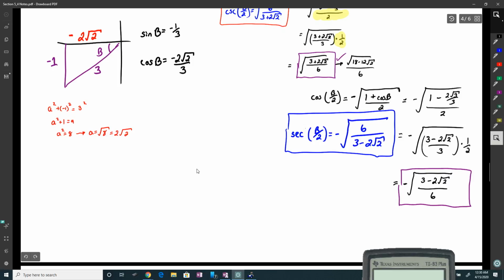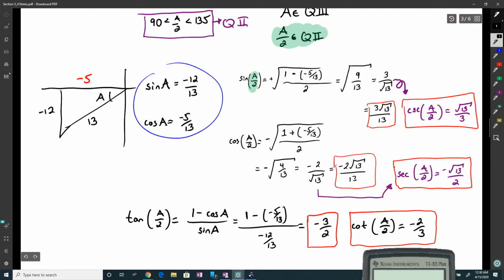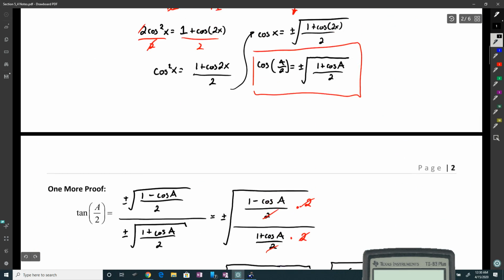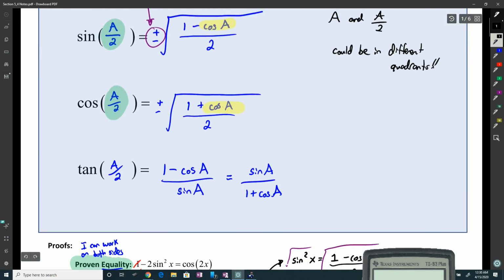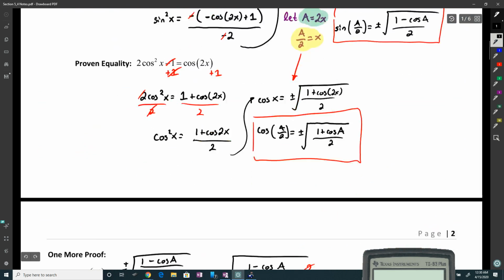So for tangent, again, it doesn't matter because it's going to fix itself. The answer is going to be negative. So anyway, tangent of b over 2 is, as Gilbert totally forgot. See, these formulas are hard for me to memorize too. 1 minus cosine A over sine A.